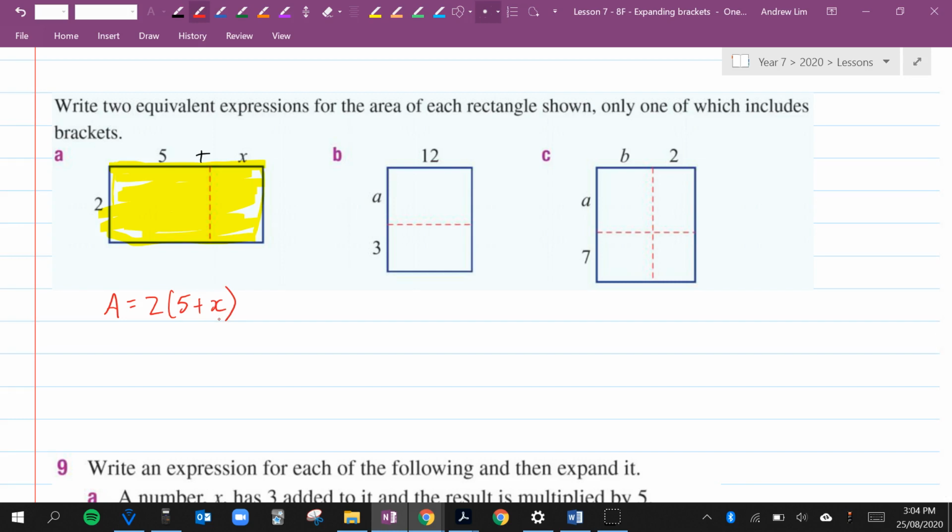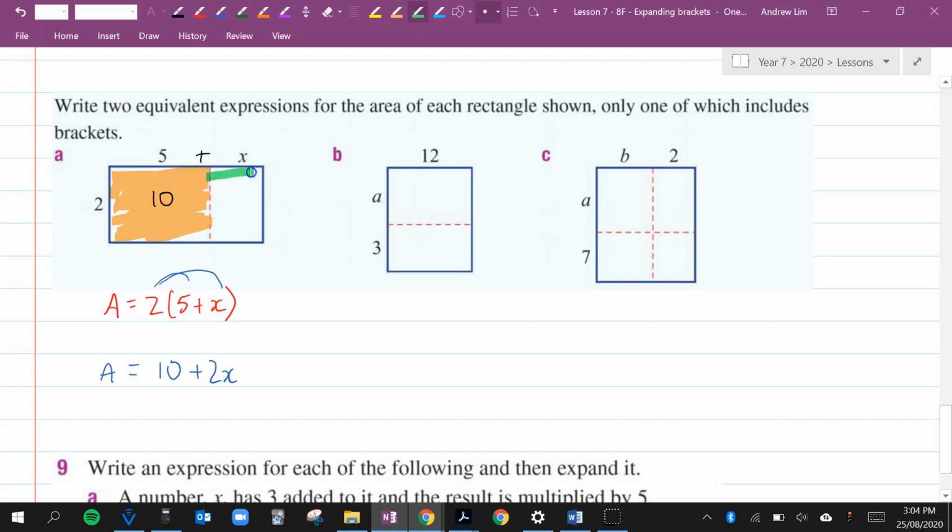The other one, all we need to do is expand the brackets. If we were to expand these brackets, area will equal to 2 times 5, which is 10, and 2 times x, which is 2x. And we can see that here, when we have a look at each of these smaller rectangles, if this orange one, if we can work out the area of that rectangle, it's just 5 times 2, which is 10.